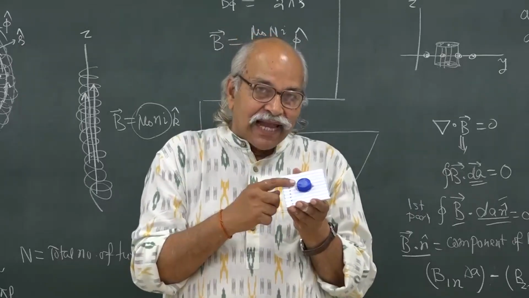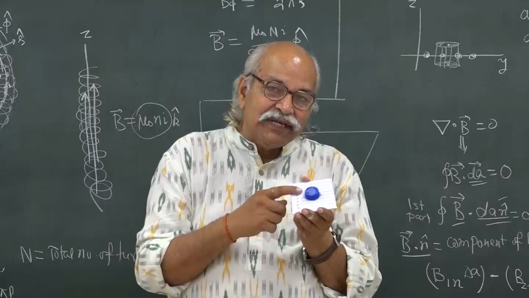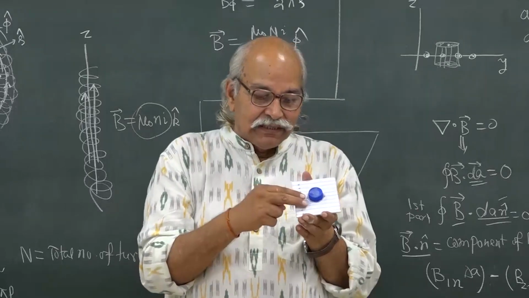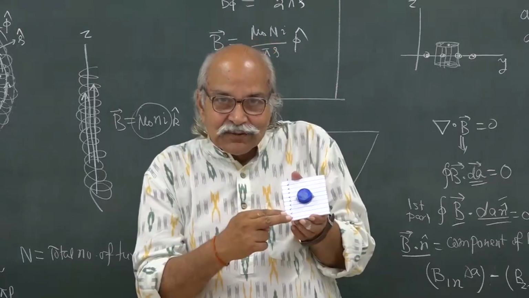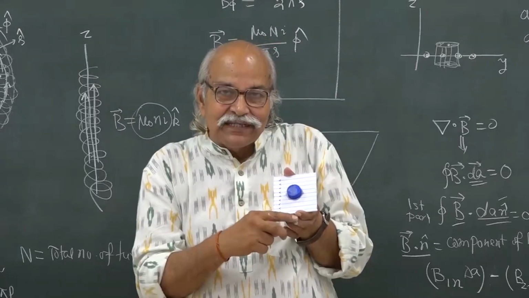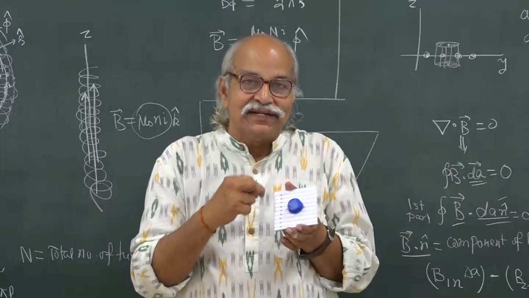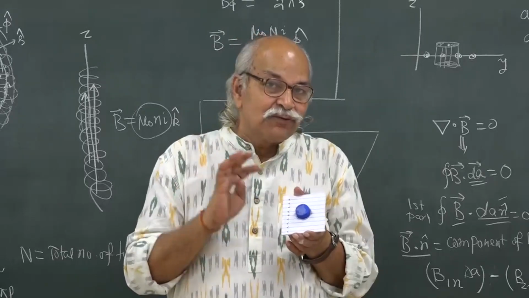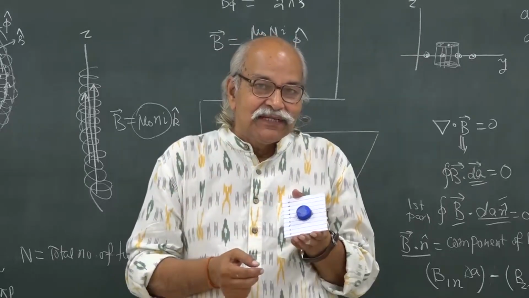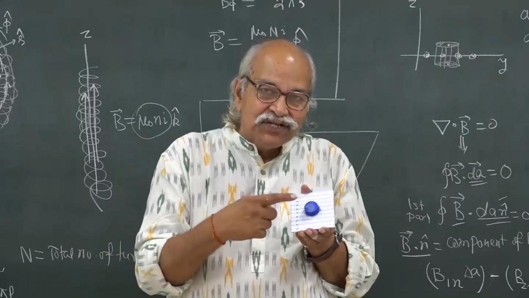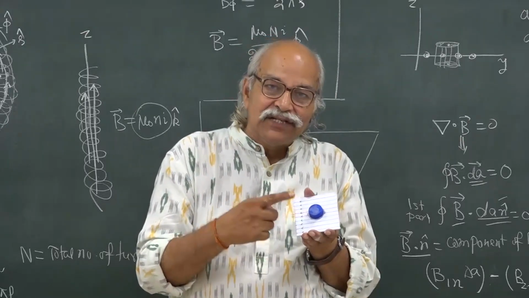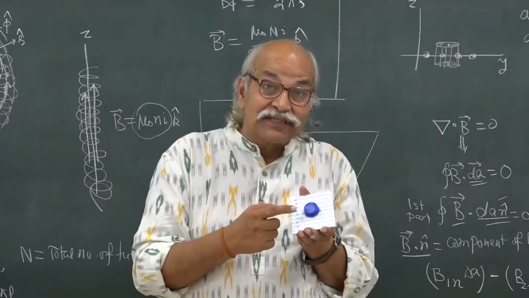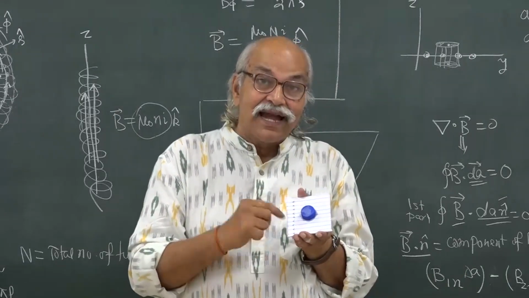So, tangential can be in many directions. This is also tangent to the surface, this is also tangent to the surface, this is also tangent to the surface. There are many tangential directions. So, we will see how to handle that, and we will compare the tangential direction magnetic field component across the surface this side and that side.